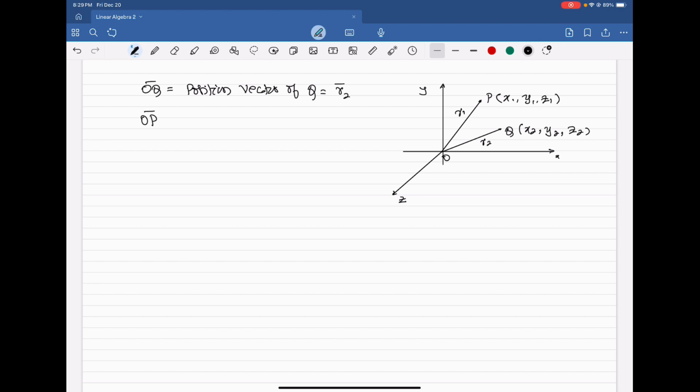OP is the position vector of P, which is equal to R1.